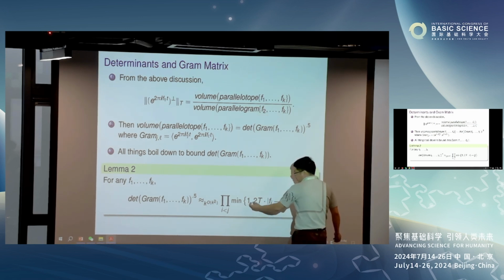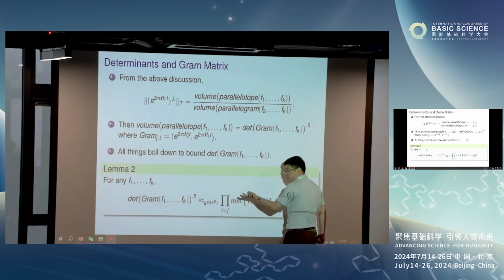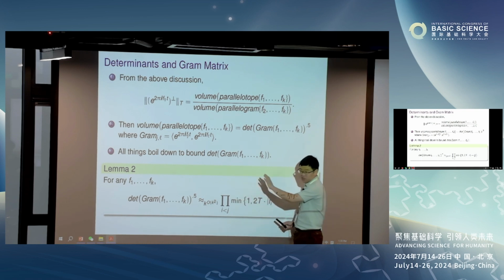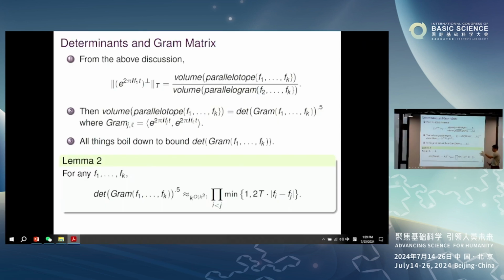So I take the minimum between 1 and that, so this is 1, and the product of 1 is 1. So this is another way to understand Hilbert's inequality. Of course, as Jerry pointed out, we have this distortion k to the O of k square, and it is one technical issue in our proof that we don't know how to overcome.